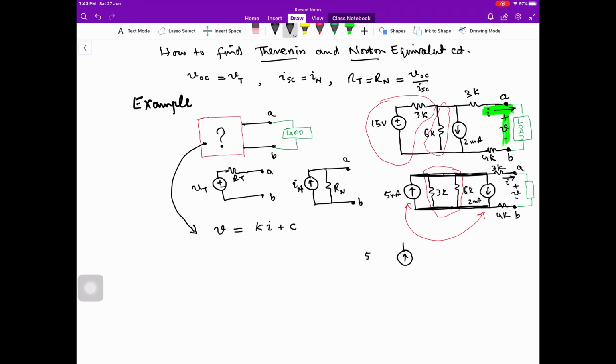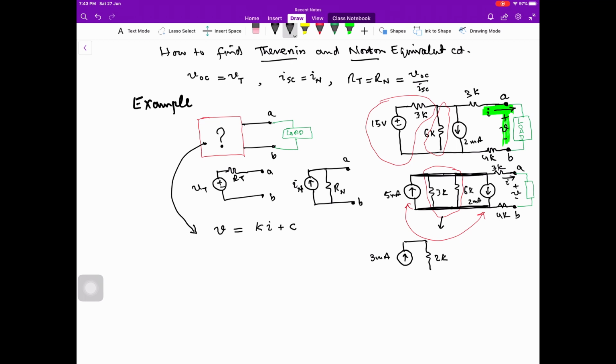The net current in the upward direction is 5 minus 2 milliampere, which is 3 milliampere, and we can combine these two resistors which are in parallel.